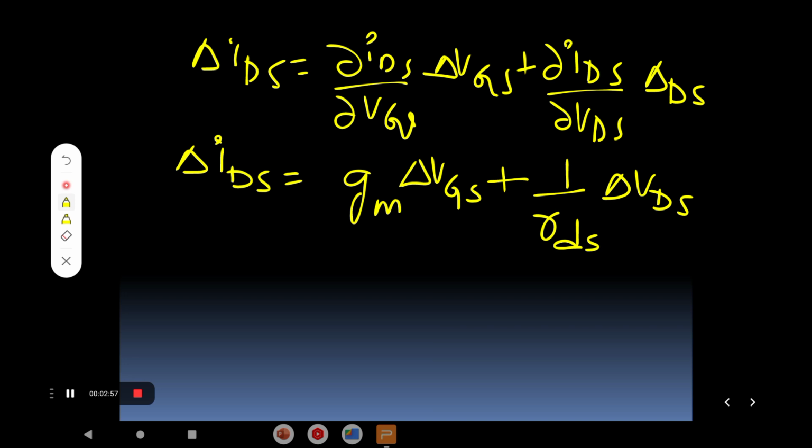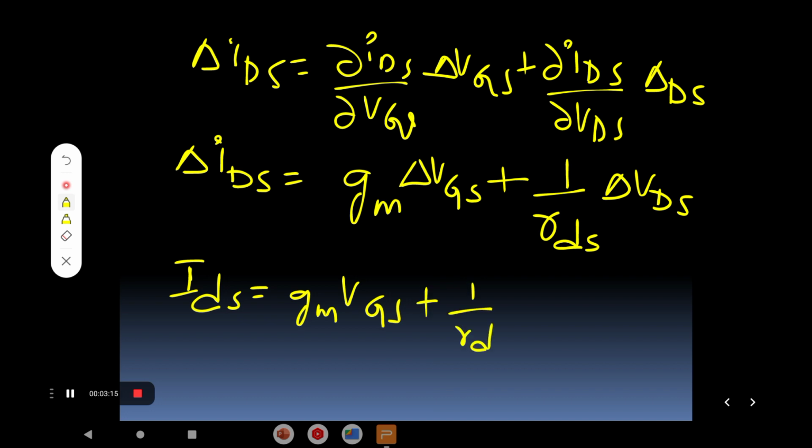So it can be represented as in the small signal model. In case of a small signal model, it can be represented as IDS is equal to GM into VGS plus 1 by RDS into VDS.